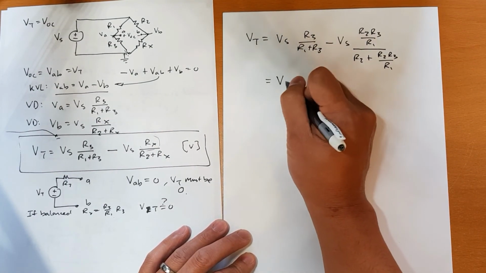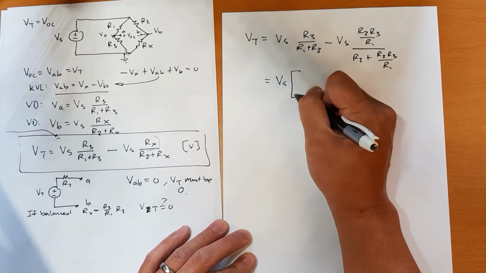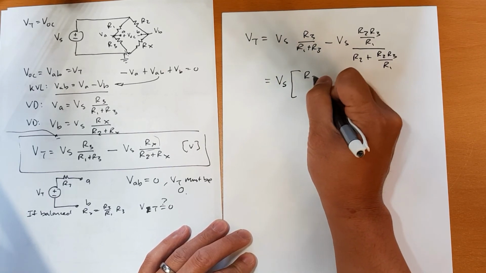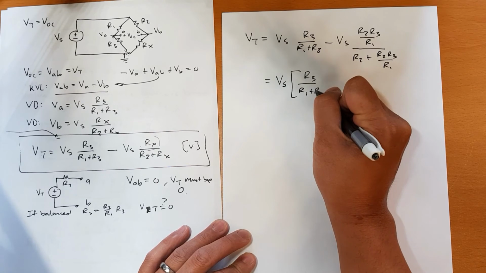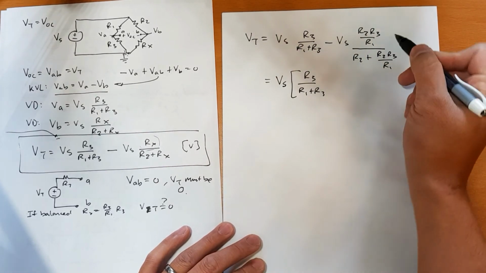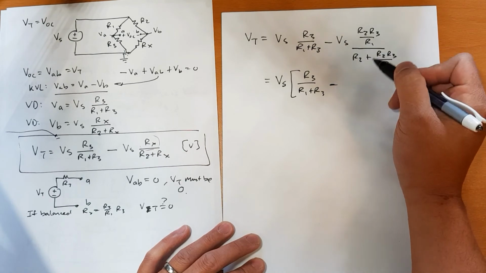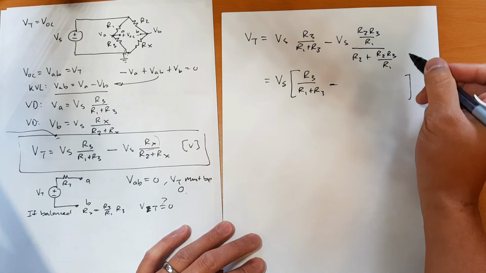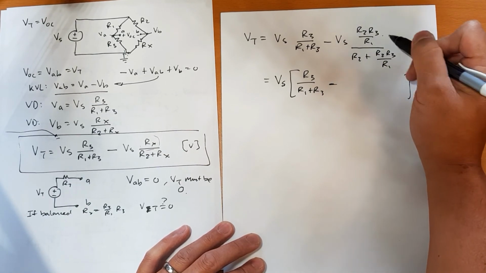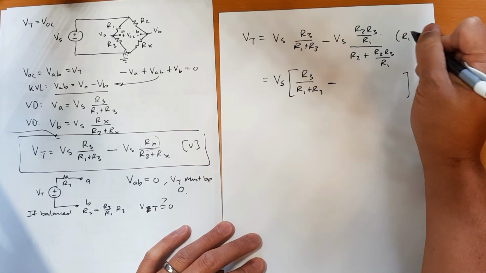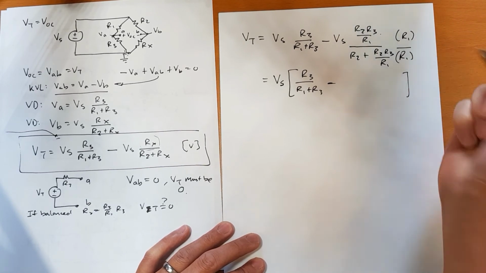So we get VS, I can pull a VS from both sides, times R3 over R1 plus R3. And let's see if we can make some cancellation. Well, if I multiply the top and bottom by R1, that changes nothing because it's like multiplying it by 1.